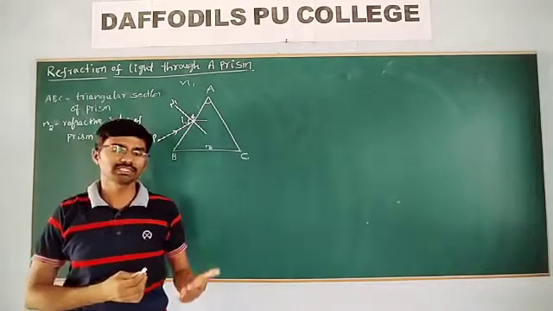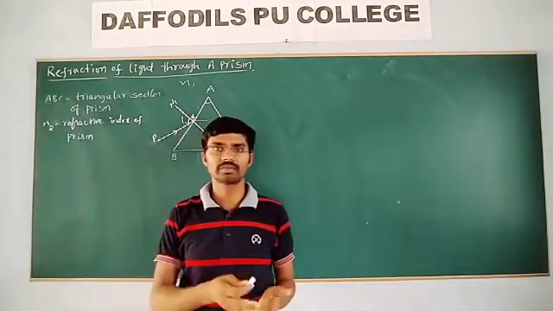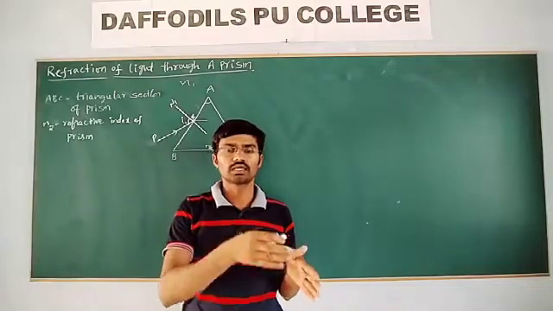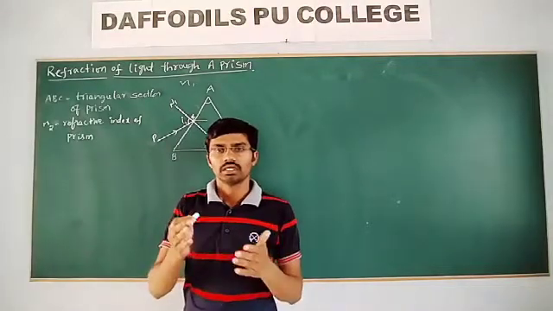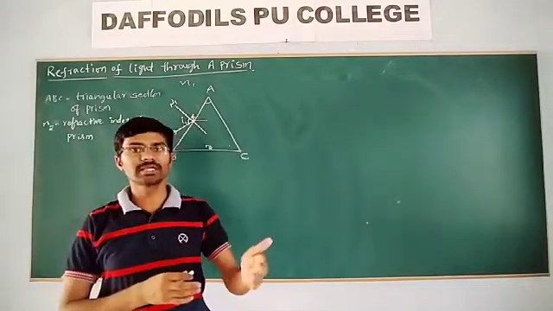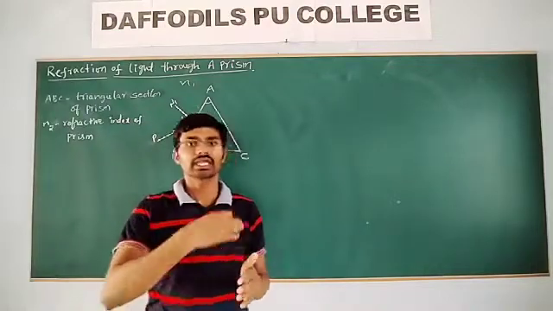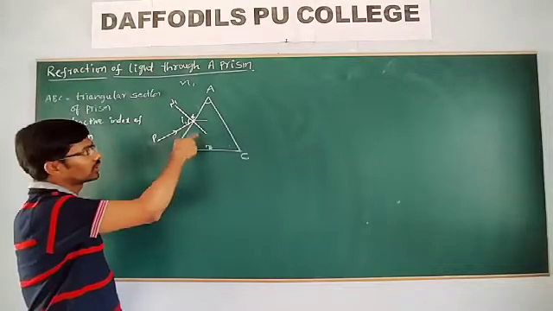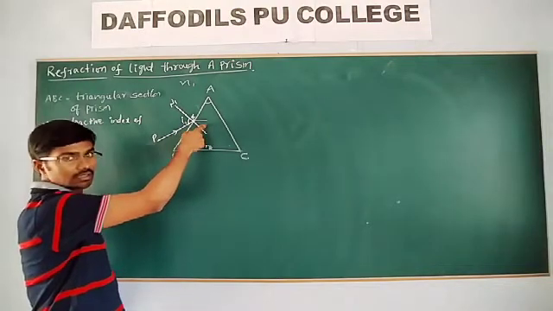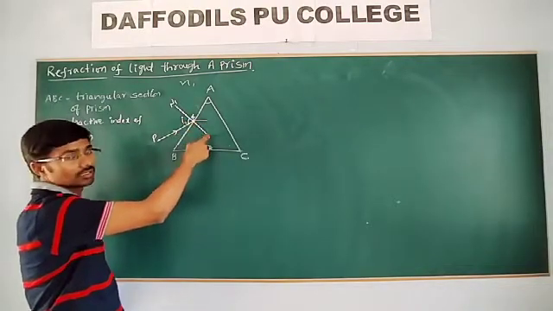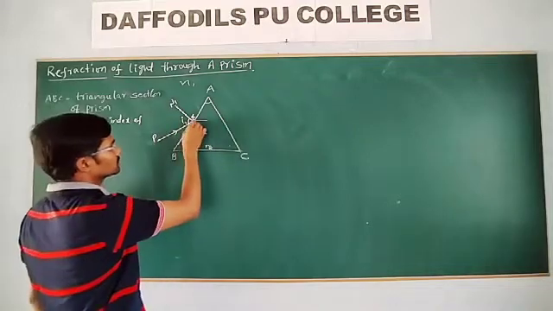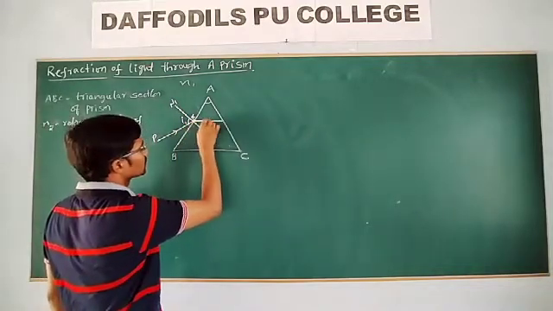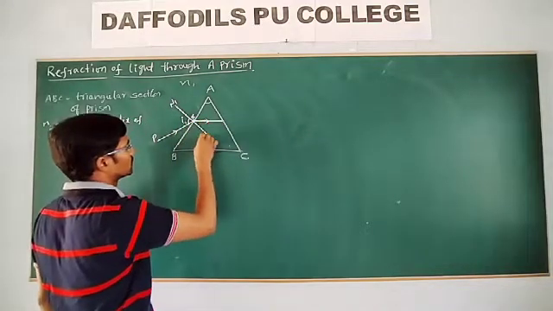If the light ray passes from rarer medium to denser medium, it bends towards the normal. If it passes from denser medium to rarer medium, it bends away from the normal. So inside, it is bending towards the normal of AB.